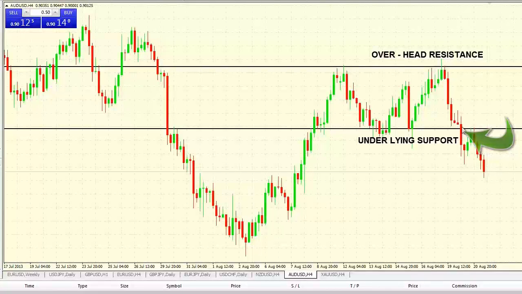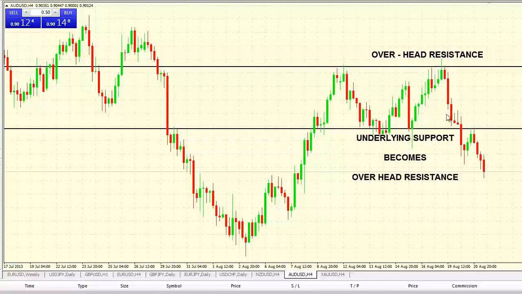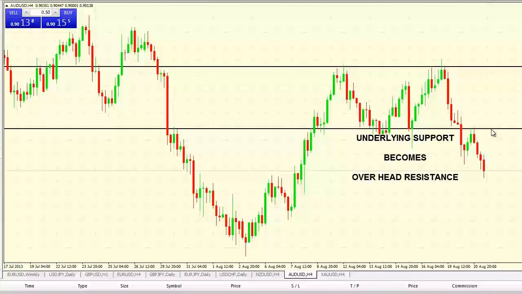As you can see, once the price broke below the support level, the support then becomes the new overhead resistance as the price trends lower. So now, at the current price level, this level, which was initially an underlying support, is now acting as the overhead resistance.